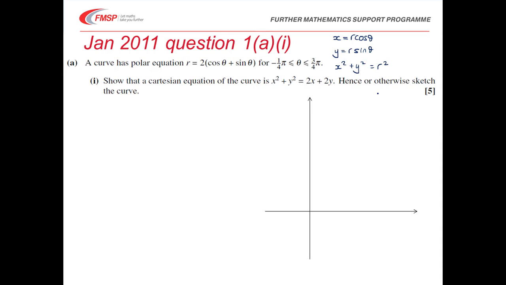Those are true for any Cartesian coordinates x and y and polar coordinates r, theta. So we'll start with the given polar equation. r is equal to 2 cos theta plus sine theta. And I want an r squared. I'm not going to square both sides, I'm going to multiply both sides by r because I need r on the other side as well.